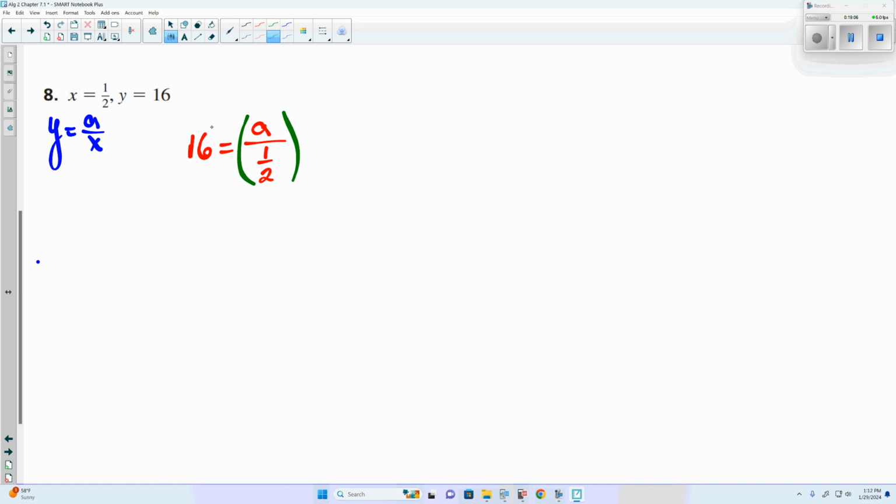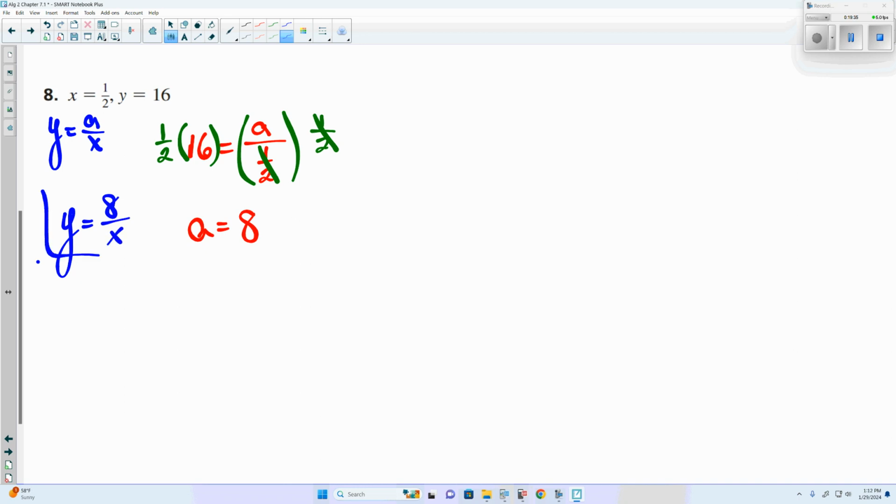We're going to multiply on each side by 1/2, because the 1/2 and 1/2 would cancel. 16 times a half. What's half of 16? Hold on. 8. So our equation is y is equal to 8 over x.